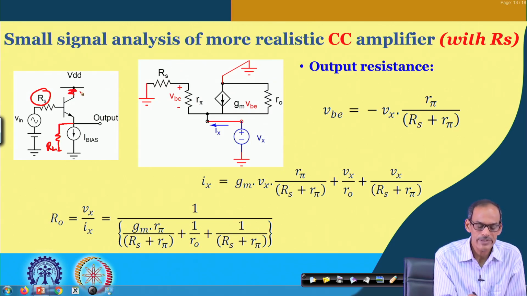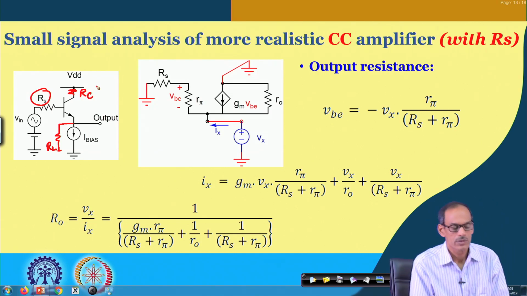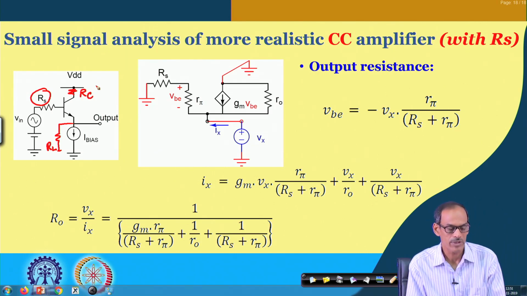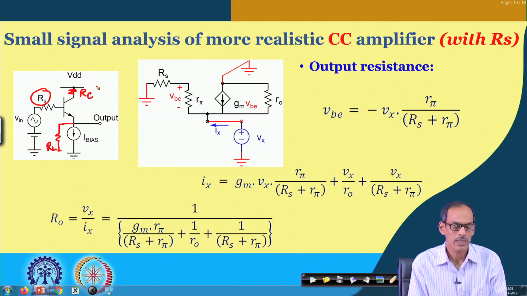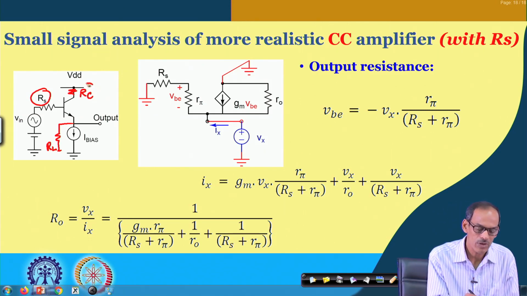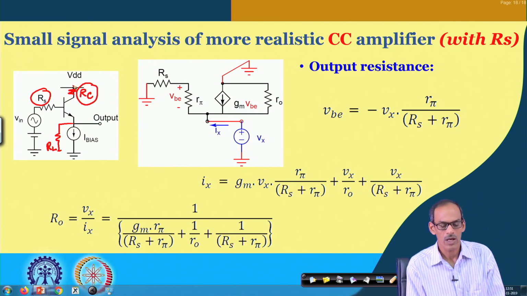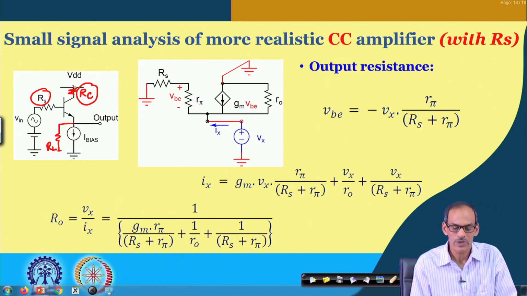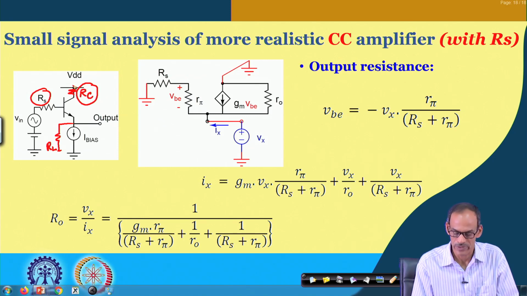It may not be intentional, but there may be some practical situation due to which there may be resistance coming in the collector terminal, in between the collector terminal and the VDD. So, let us consider the effect of this resistance called R c on different parameters of the common collector amplifier.